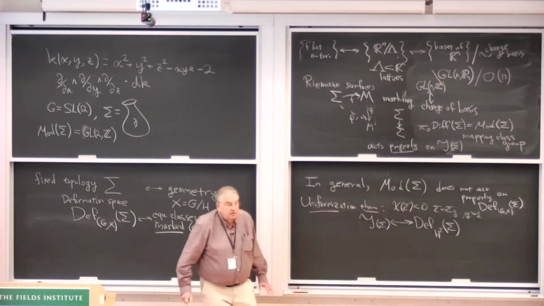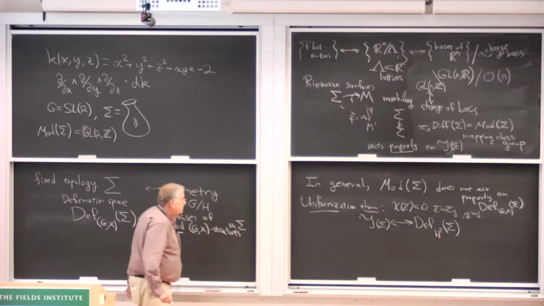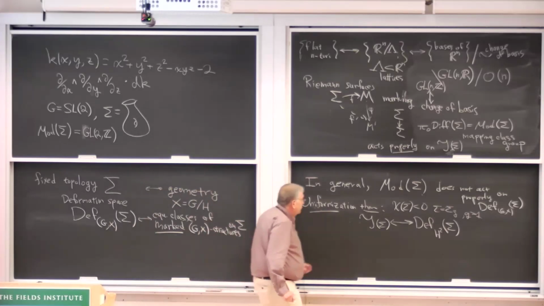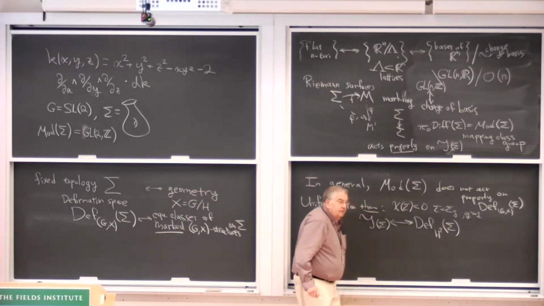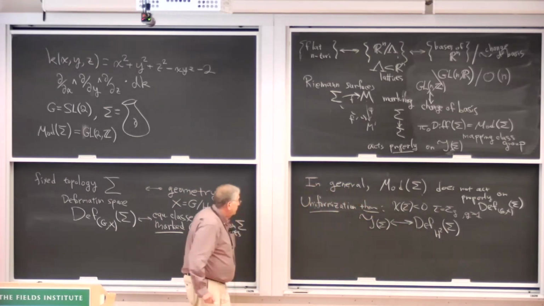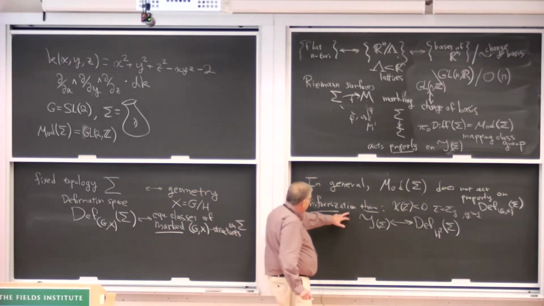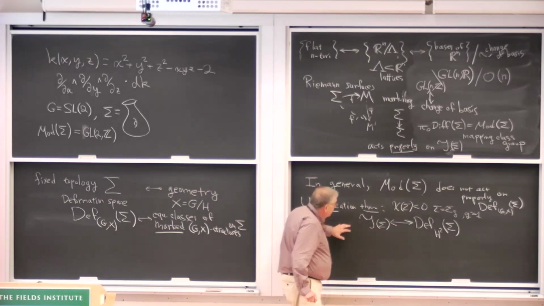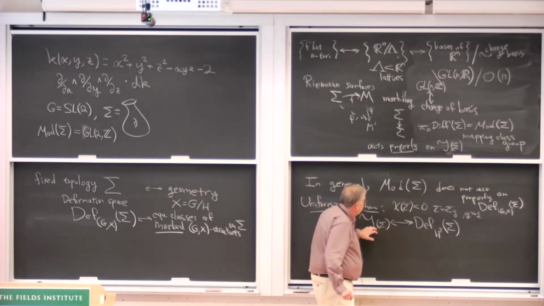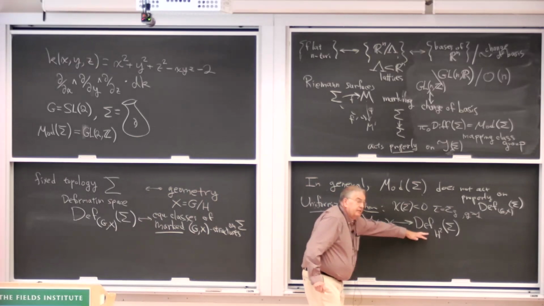Okay, so it's been customary, but I think erroneous, to call the deformation space of hyperbolic structures on sigma Teichmüller space. It really should be called Fricke space, and then this deep theorem of Koebe and Poincaré asserts that there's an isomorphism between Teichmüller space and Fricke space.